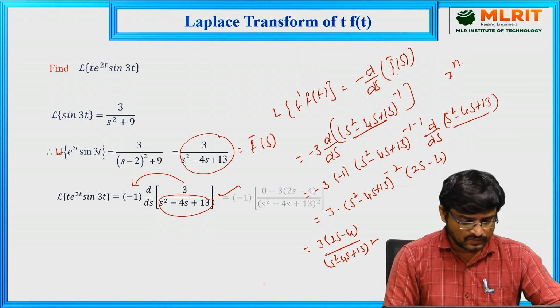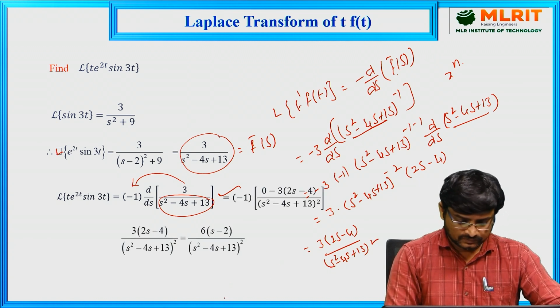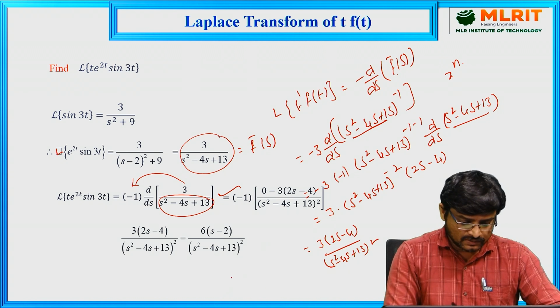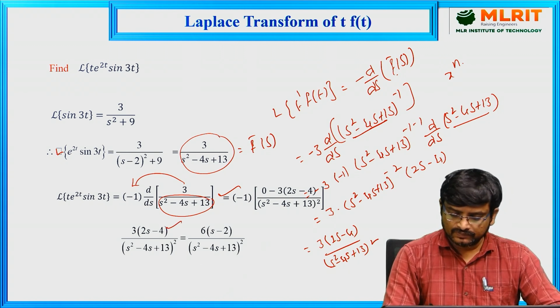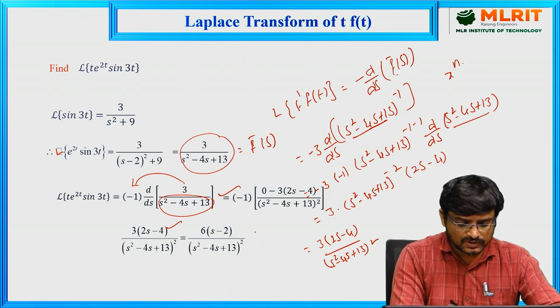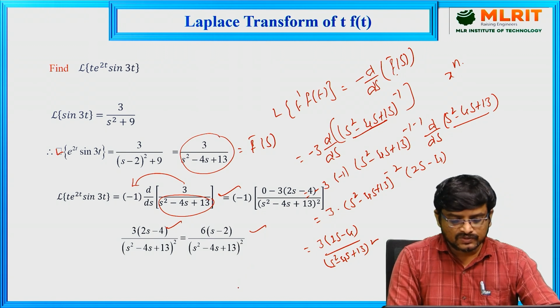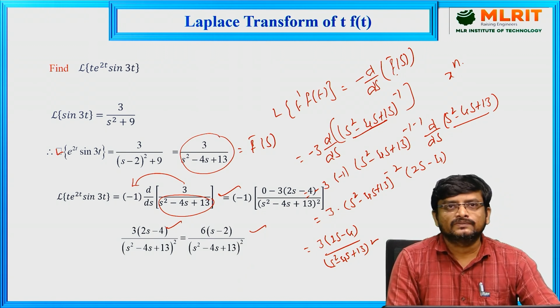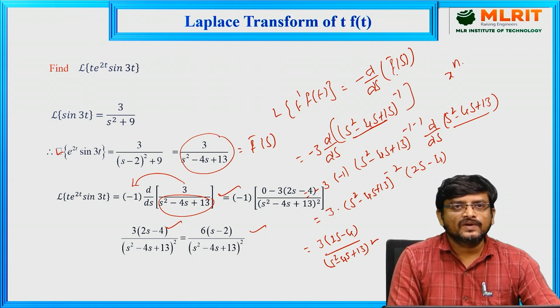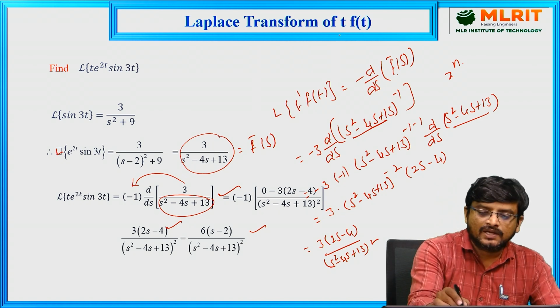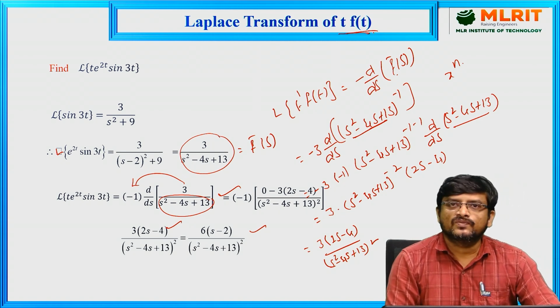This is the value we get here. We can take 2 common, so you get 6 into s minus 2 by s square minus 4s plus 13 whole square. So this is how we can apply the Laplace transform of t into f of t.